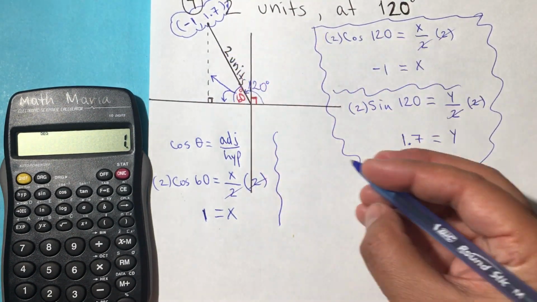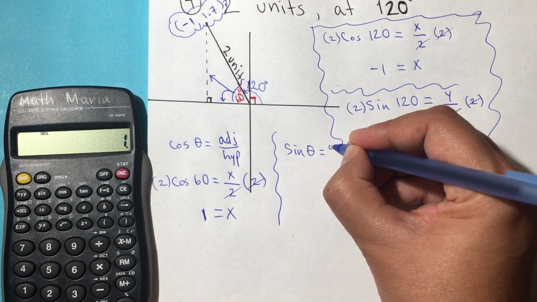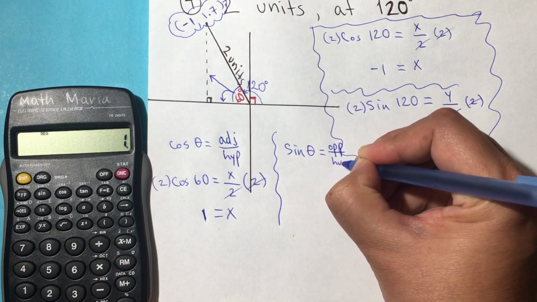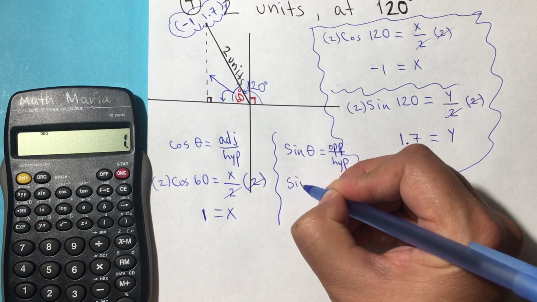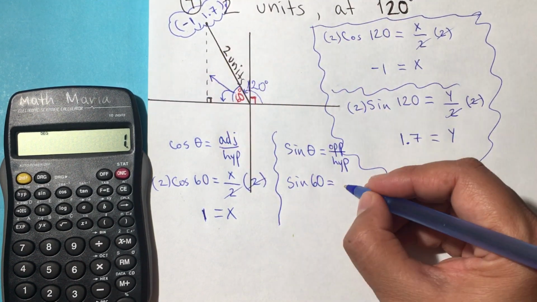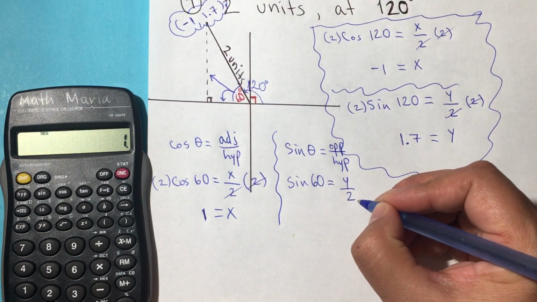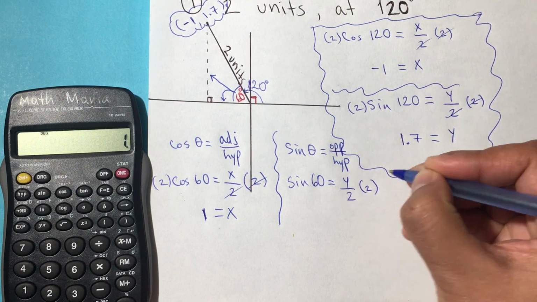For the y, it would be sine of theta equals opposite over hypotenuse. Sine of 60 equals opposite, which is y, divided by hypotenuse, which is 2. If we're dividing, the opposite is to multiply.